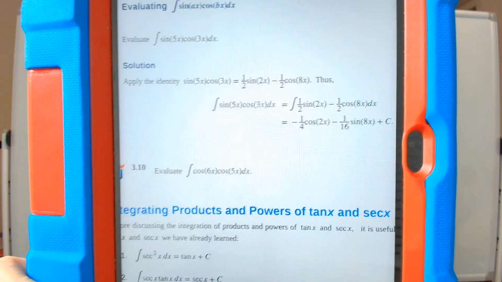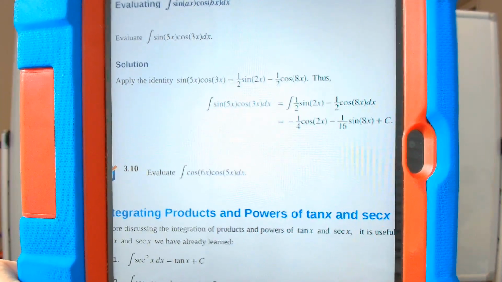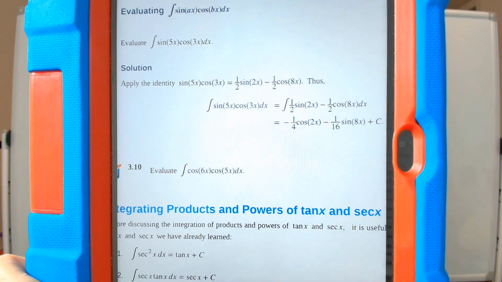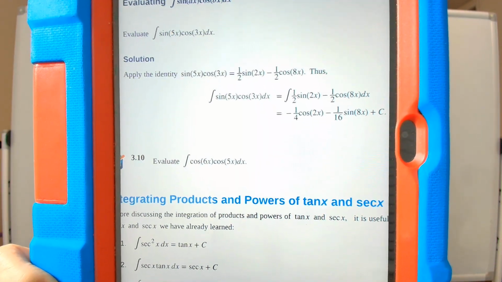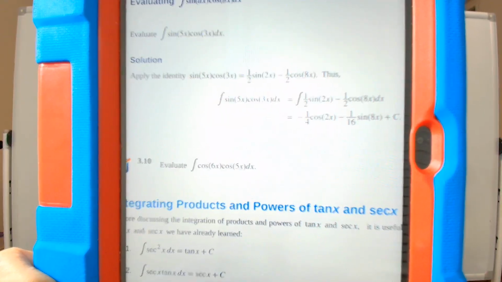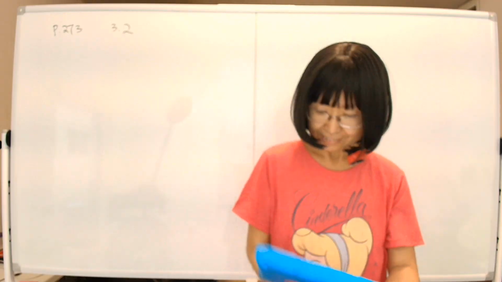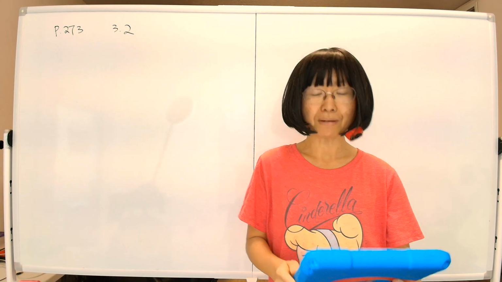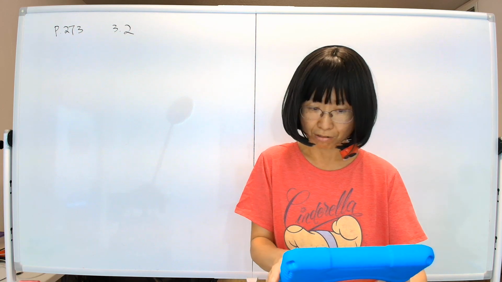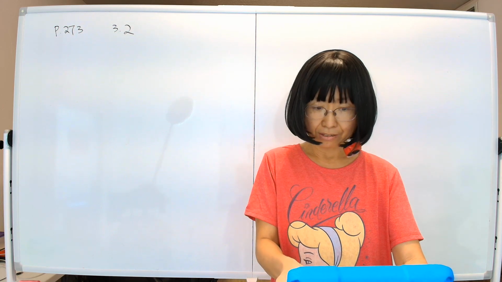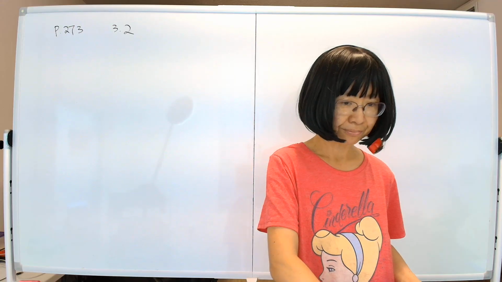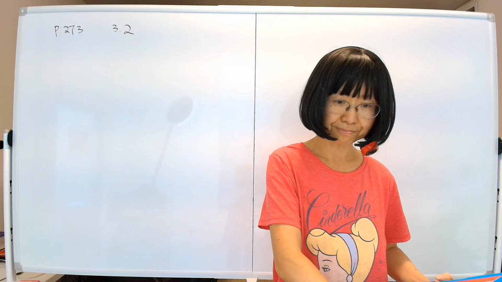But in the end, you end up with just a simple sine and a simple cosine. That is, no multiplication involved, which means you can integrate each one individually and quickly come up with the answer. The only hard part about applying those formulas is to make sure you don't mix up A and B. Other than that, it's very straightforward. That's example 3.13. Please do that as your homework.